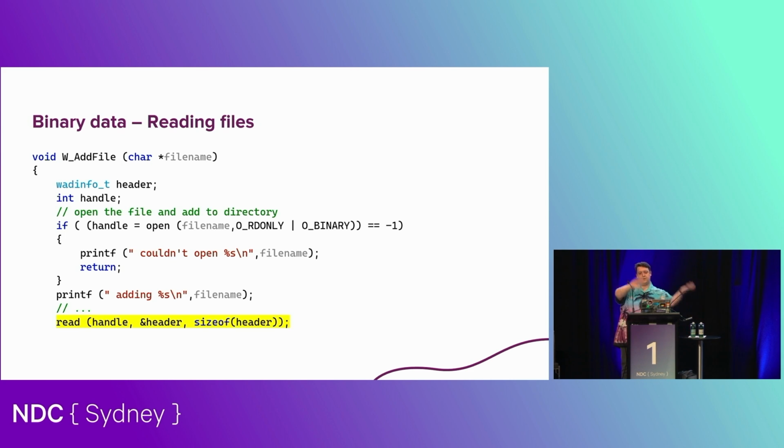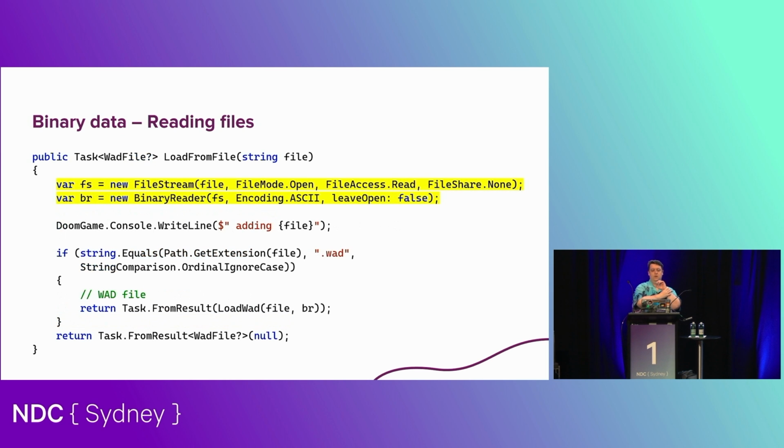If we port that to C#, it's a bit different, but we're still opening a file handle. In this case, it's called a file stream. We're still saying, hey, I need read access to that file. I'm a bit egocentric. I'm not going to share that file handle. I want this file to be for myself. I don't want anyone else to access the game file that I'm loading.